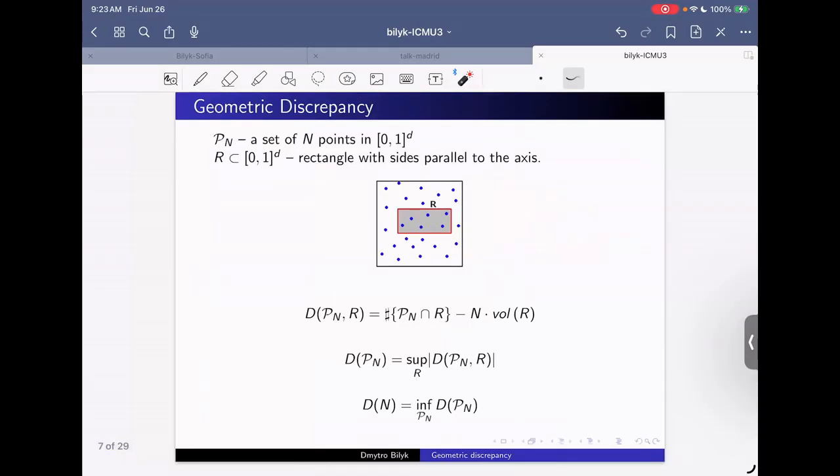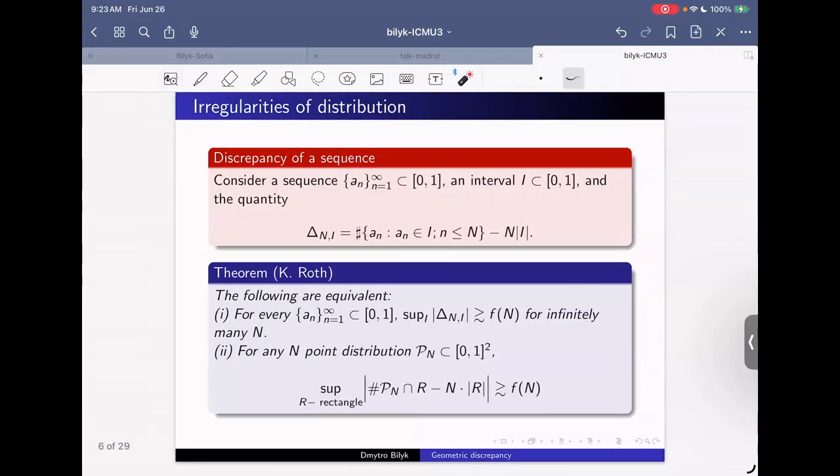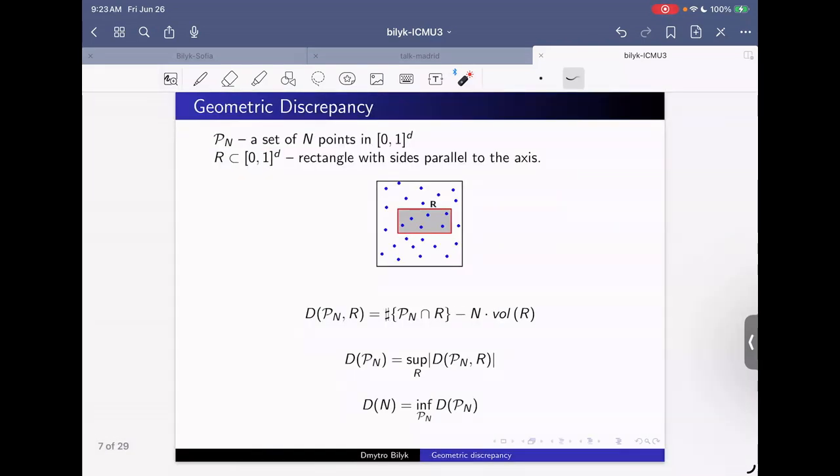So this quantity, I think this was the first slide that I started lecture number 1 with. So Ross was actually initially interested in this problem, but then he realized that it's equivalent to this problem, and then from then on he was studying this geometric problem.